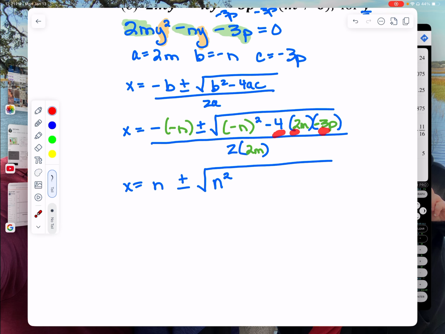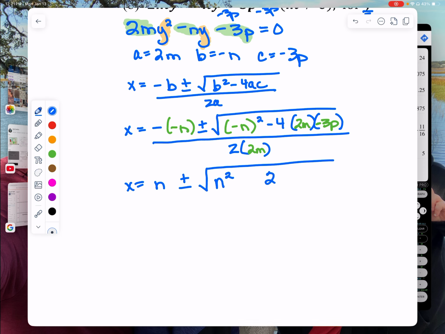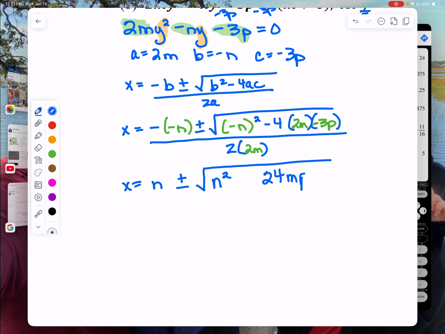Don't worry about the signs, but 4, 2, and 3. So 4 times 2 is 8, times 3 is 24. So I'm going to put 24 there. Now I'm going to write down any letters that I had. So now I have an m and a p. So I write down my m and my p. Whew. And then I've got two negatives, or a subtraction and a negative. But let's say two negatives. Two negatives give you a positive, all over 4m.